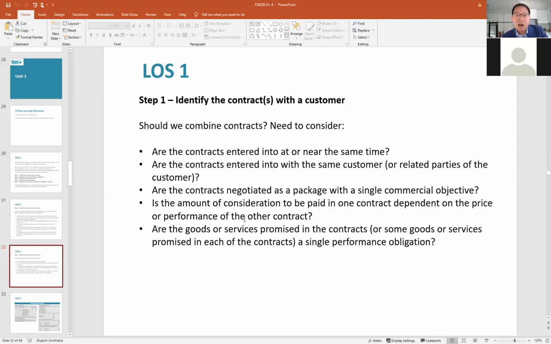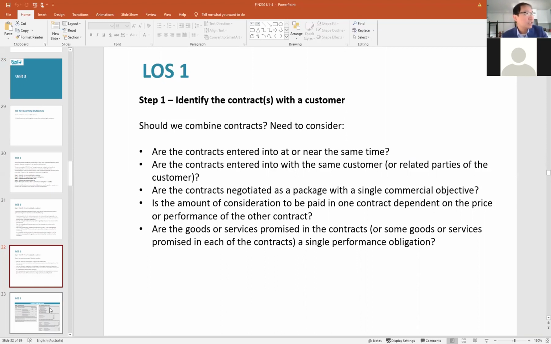First, are the contracts entered at the same time, and are they entered with the same customer? Are the contracts negotiated as a package with a single commercial objective? Usually these 3 criteria in themselves will give you a lot of reasons to combine or to not combine.